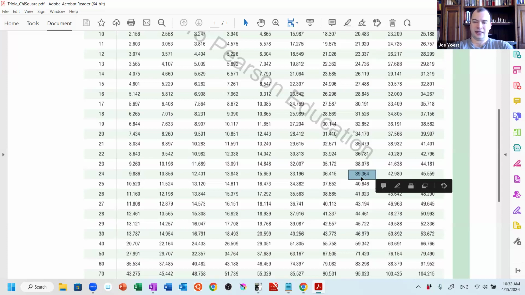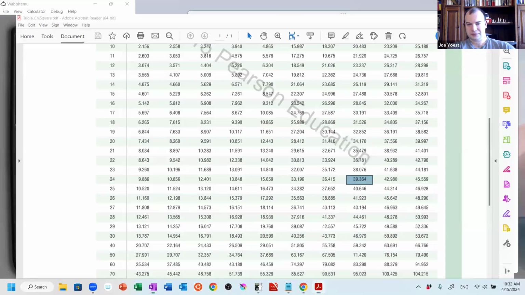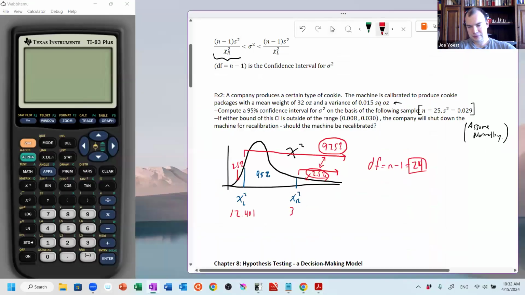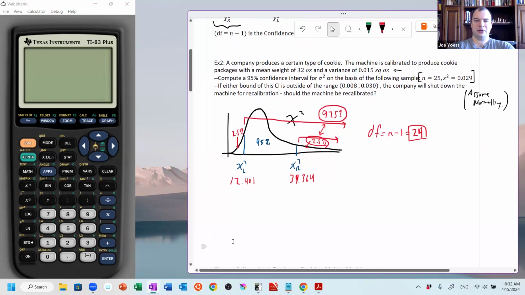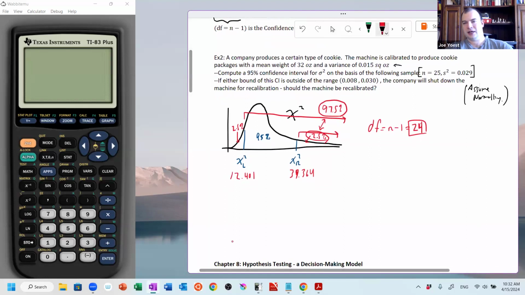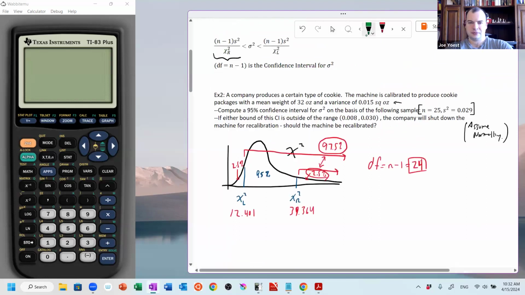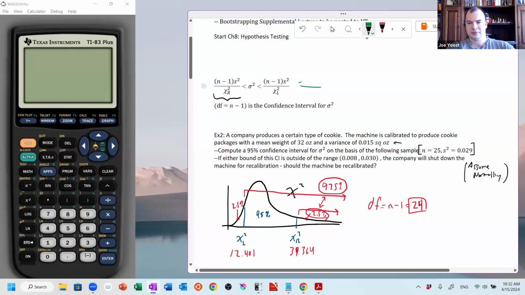And that gives me a chi-squared index of 39.364. And the good news is at this point, we really have completed the hardest part of the problem. Now we just have to plug everything into our bounds up here.